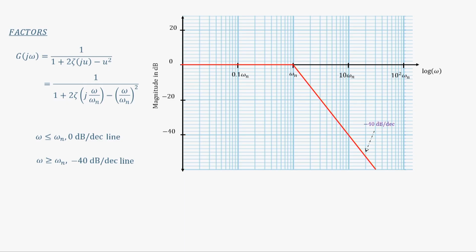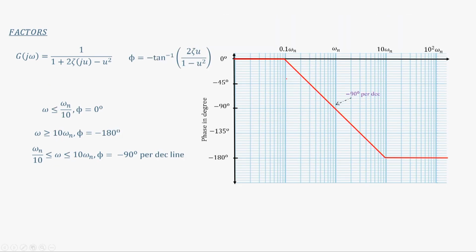But for now, we just assume that it is from 0 to 1; its physical meaning will soon be clear to you. So, this is the line we get. It is a minus 40 dB per decade line from omega n here. In the other case, this frequency was 1 by t; remember, this is omega n in this case.